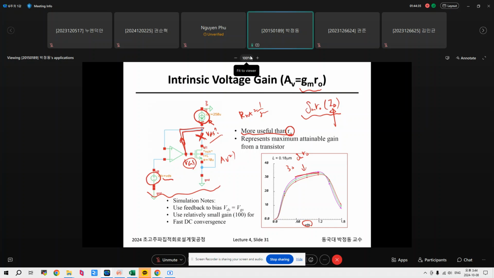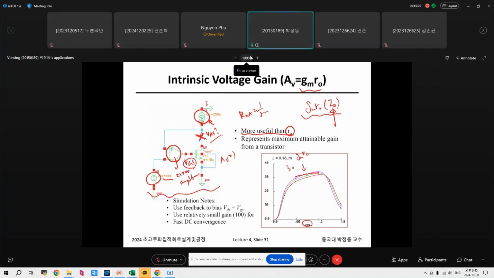Instead of connecting over here, we use an ideal feedback comparison amplifier, an error amplifier. This is called an error amplifier.